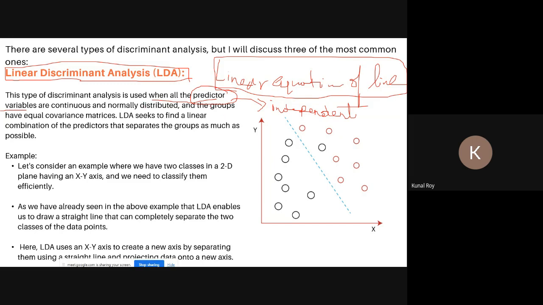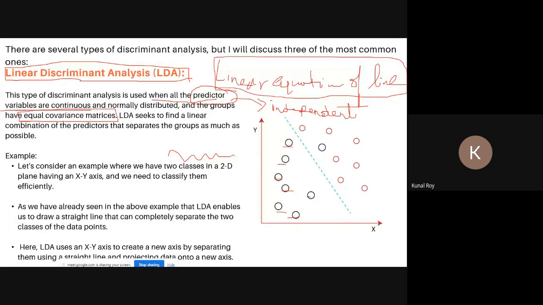So we can do linear discriminant analysis whenever all the predictor variables are continuous, that means whatever independent variables we take will be continuous, and they have an equal covariance matrix.